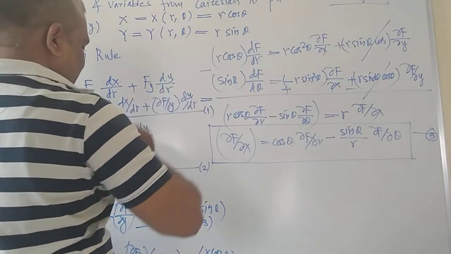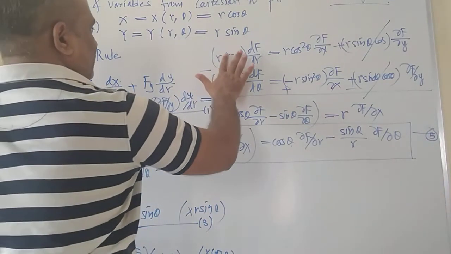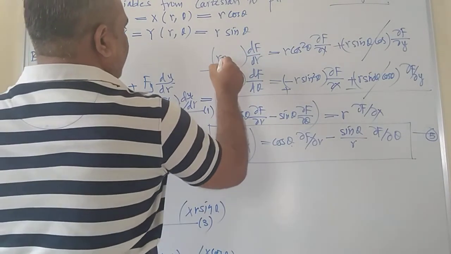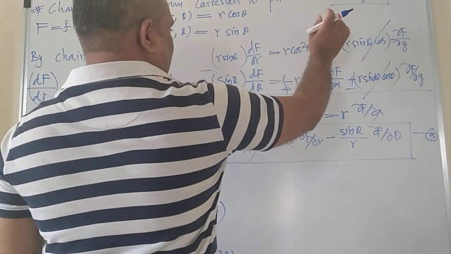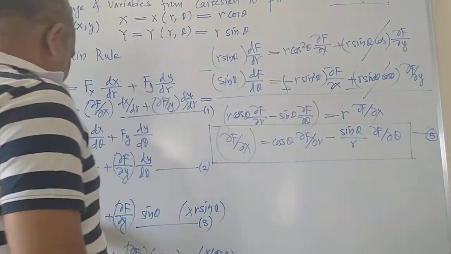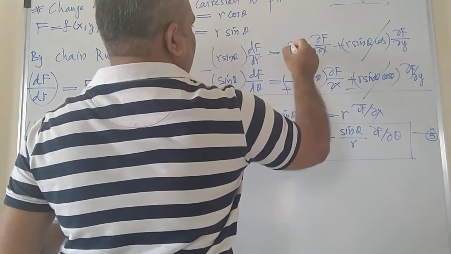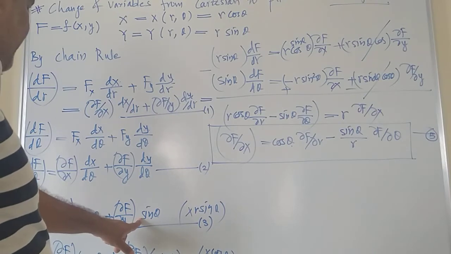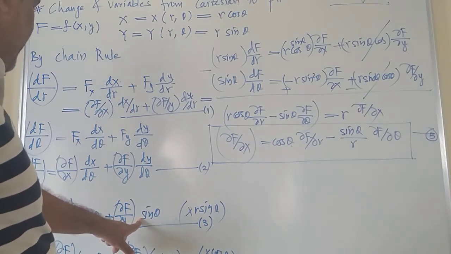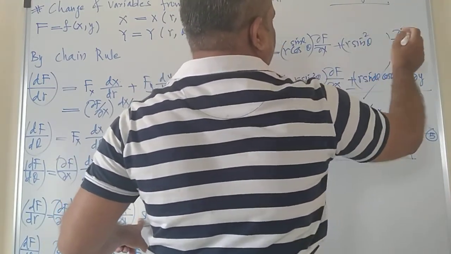So let me make the changes in this equation: r sin theta ∂f/∂r equals r sin theta cos theta ∂f/∂x, and here you will get r sin square theta ∂f/∂y. Got it?